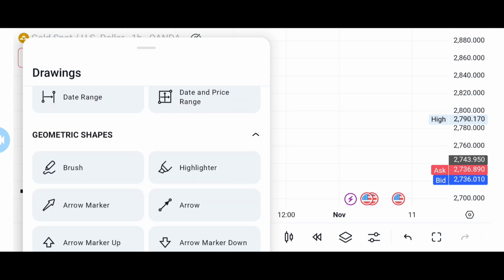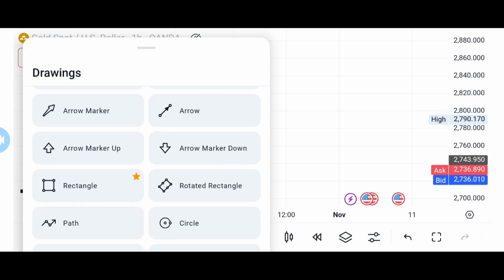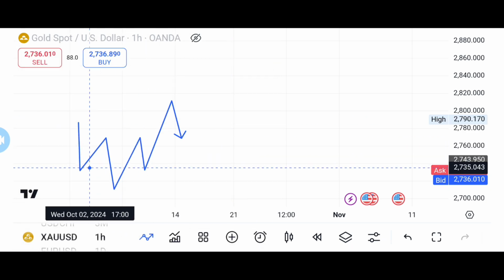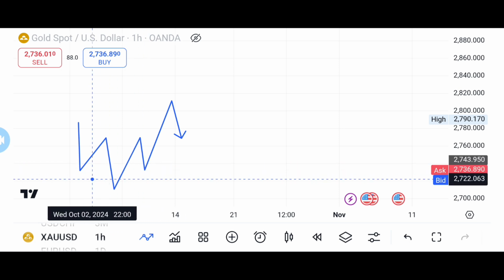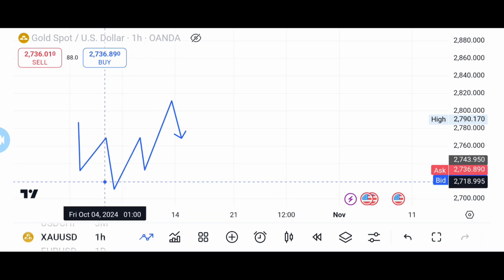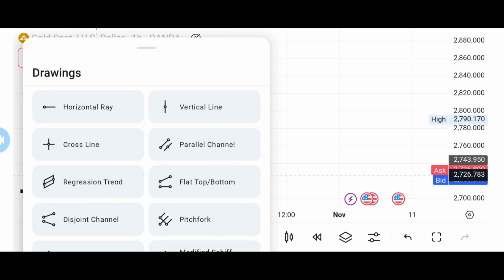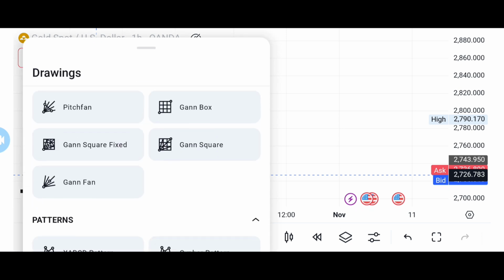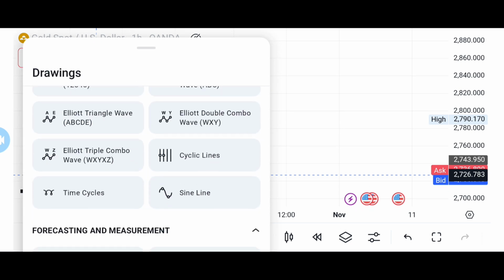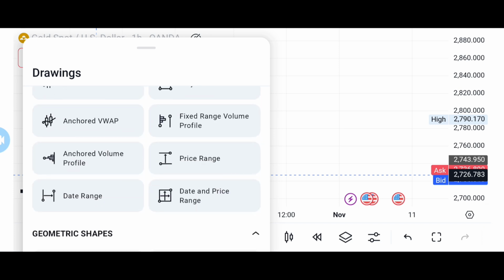Number one, we must have the shoulders. This is our right and our left shoulder, and then the head. Are you together? Let me draw that line so that you can see. Those are the characteristics of the inverse head and shoulder.